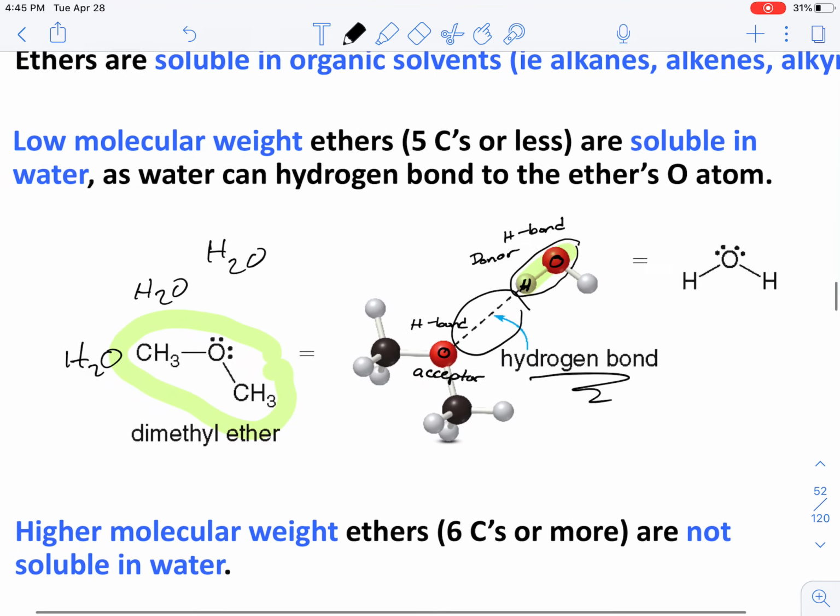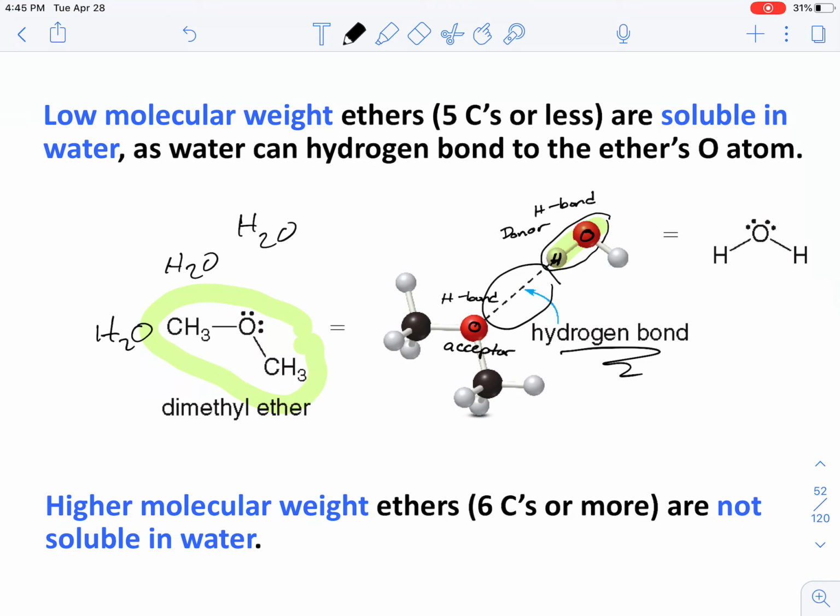It turns out that only low molecular weight ethers, so an ether that's 5 carbons or less, are actually soluble in water. If you have a higher molecular weight ether, or ethers that have 6 or more carbons, their non-polar character is going to dominate versus the hydrogen bond that's observed between an ether and a water molecule.